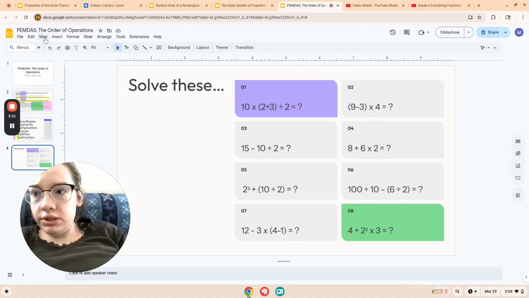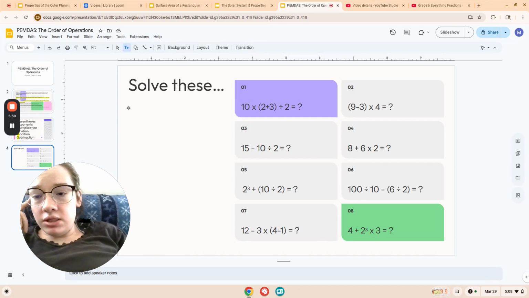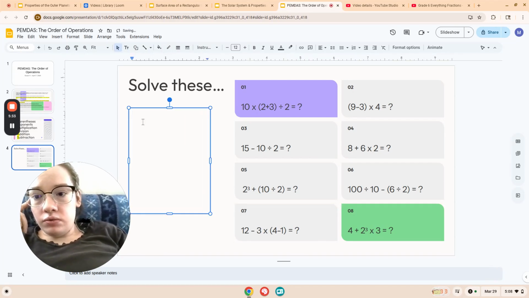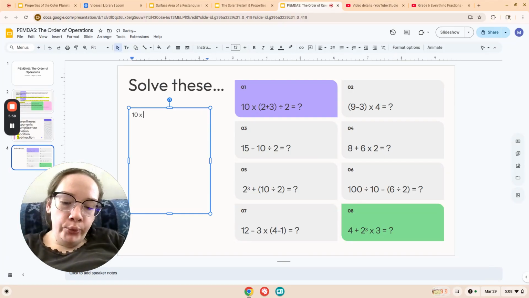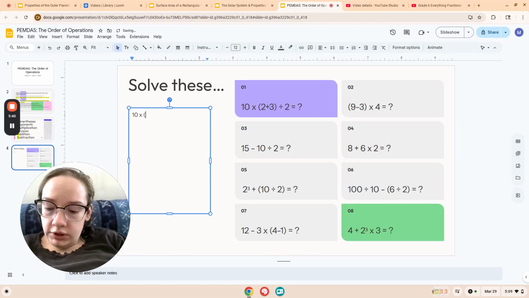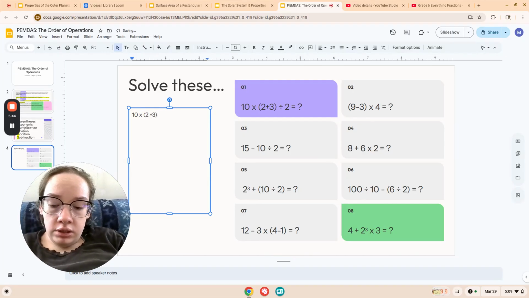So let me see if I can create a text box here. Insert, text box, and do this number 1 with you, okay? So if we have 10 times (2 plus 3).